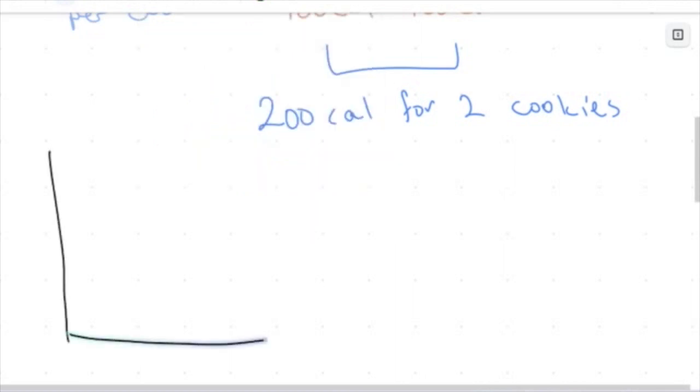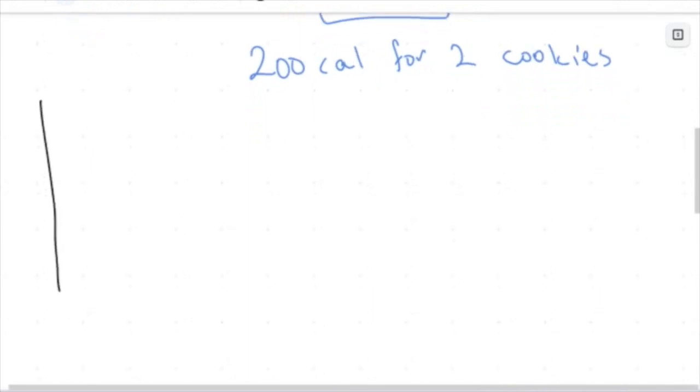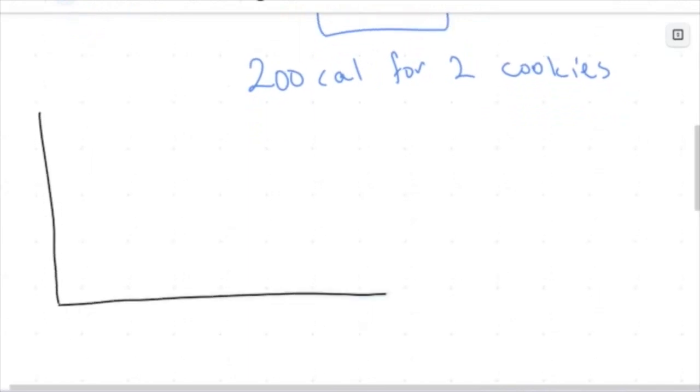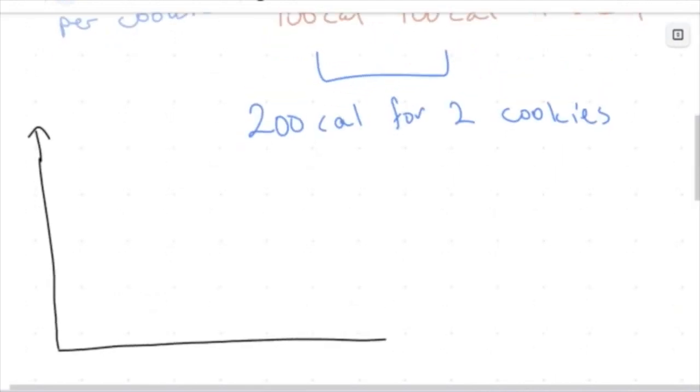and I had, instead of, so I don't do calories and cookies, those both start with C. Let me write E for energy, and I'm going to write C for cookies.